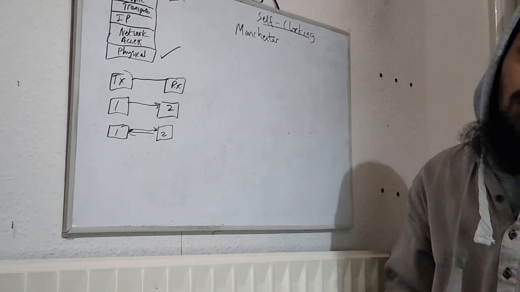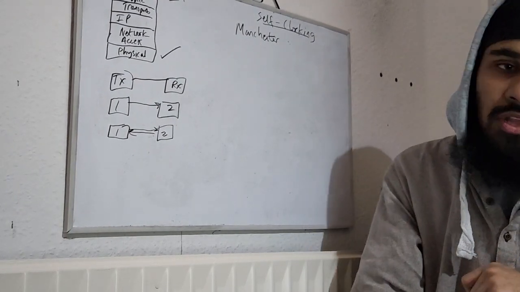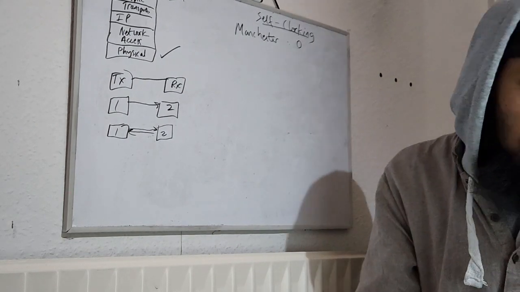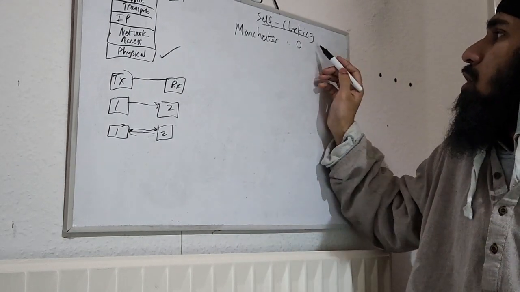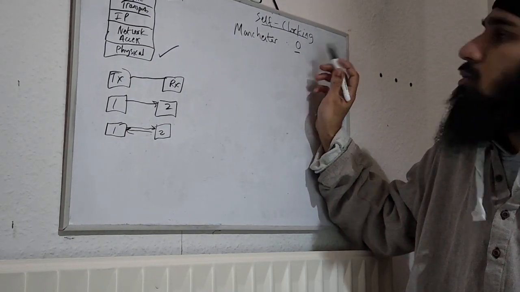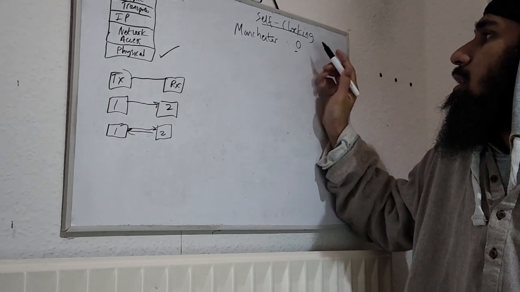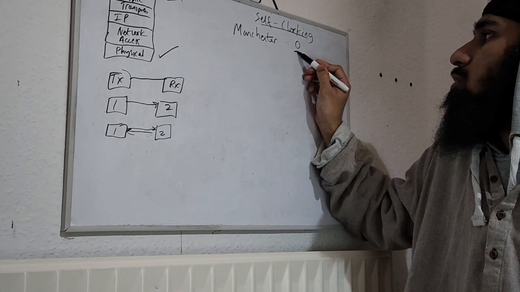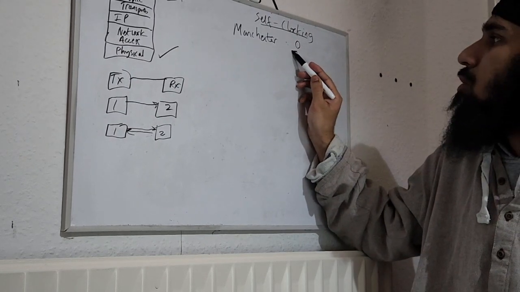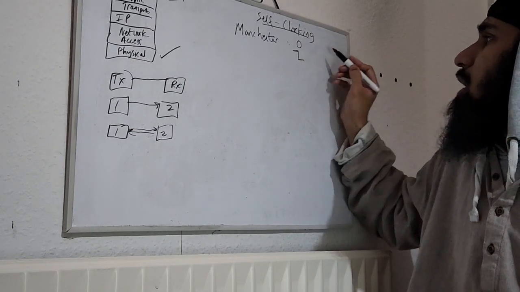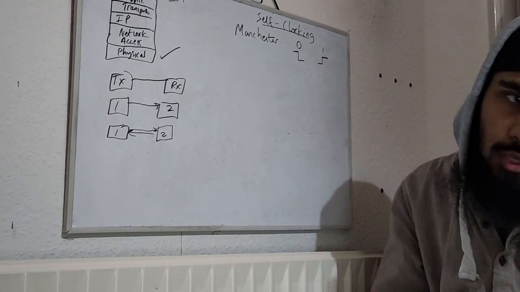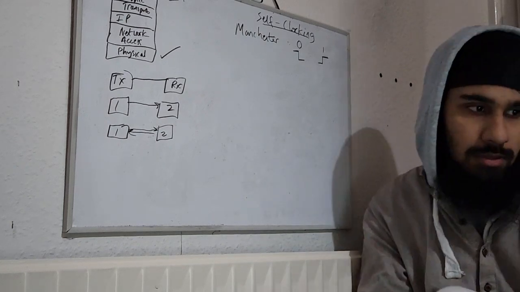When you're sending a 0, it's going to go down through the middle. So you're sending 0, it goes down. And for 1, it's going to go up in the middle. You do it from the middle.